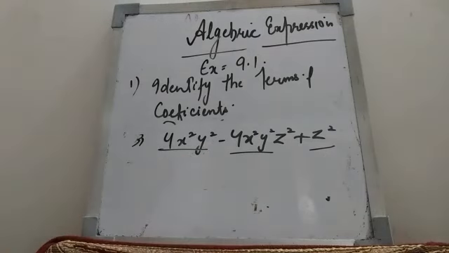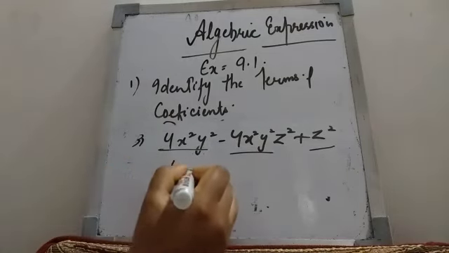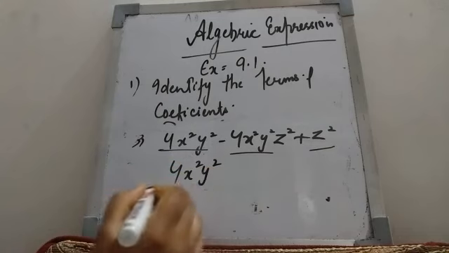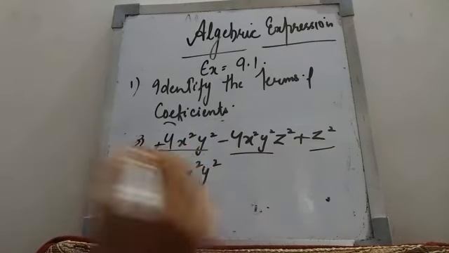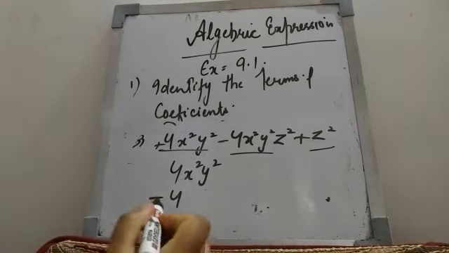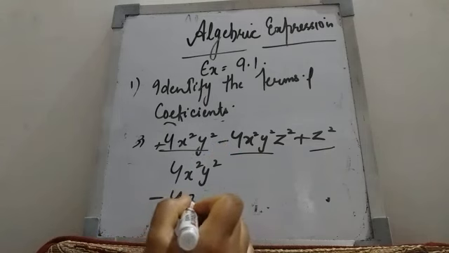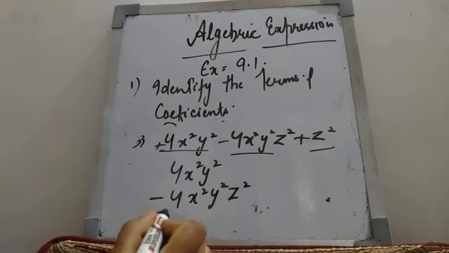In between the first and second term is a negative sign, and in between the second and third term is a positive sign. So I write it down separately. It is 4x square y square, first term, second term is minus 4x square y square z square. Because it is positive, we don't write the positive sign. And the third term is z square.